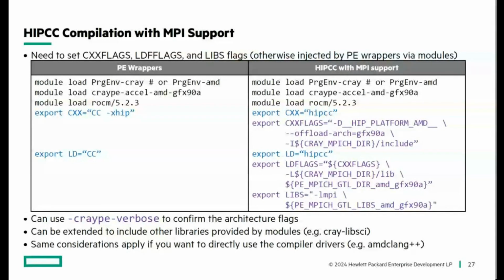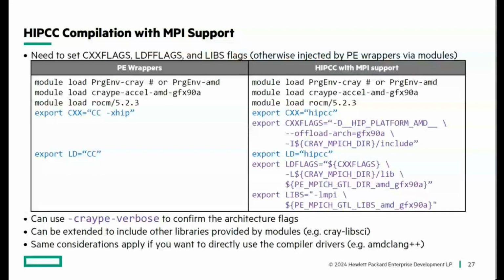So the purpose of this slide is to say, let's say I want to use hipcc directly without any compilation wrappers. How do I load in something like MPI? The example on the right is just saying, if you've loaded the PrgEnv environment modules and the Axel module, you'll get some environment variables that will enable you to find those libraries, and you can then inject those libraries into your build.